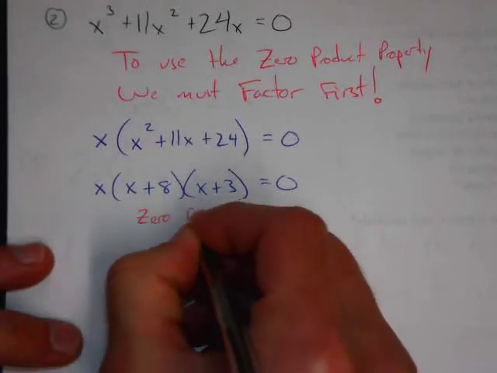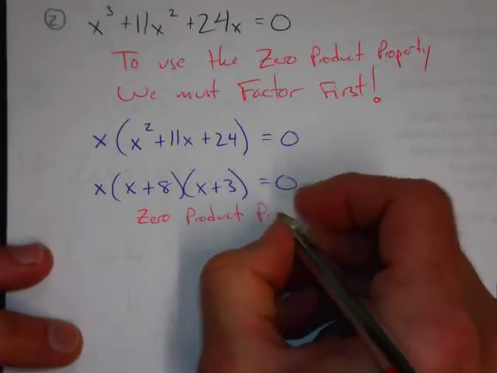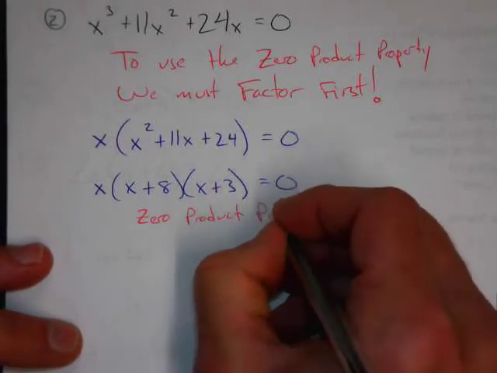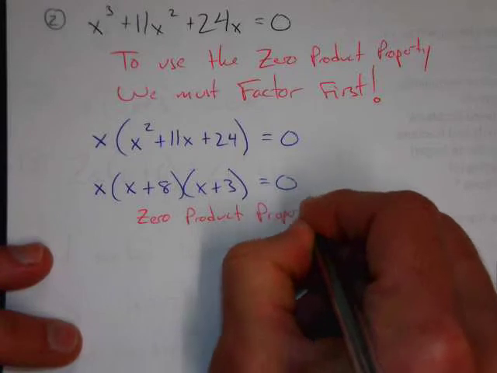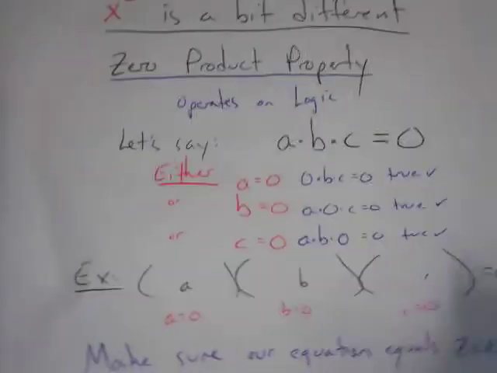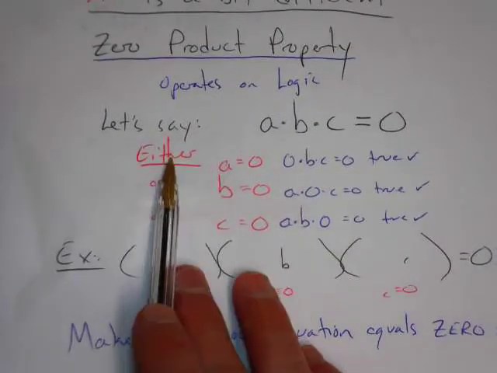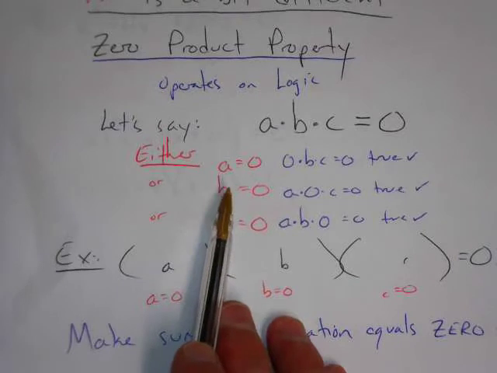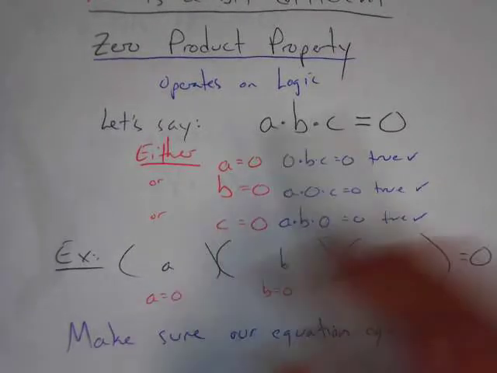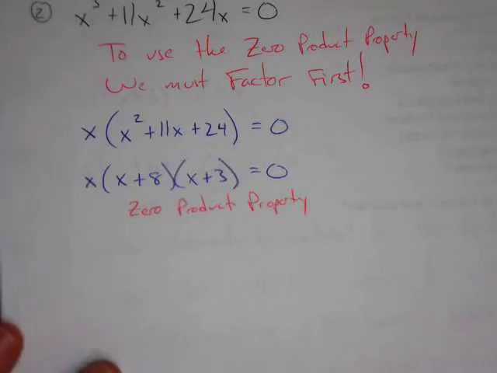The zero product property says if multiple things are being multiplied and the result is 0, that means each thing could equal 0. If we have things being multiplied and the result is 0, then either the first thing is 0, or the second thing is 0, or however many things are being multiplied is 0. So look at what's happening here.